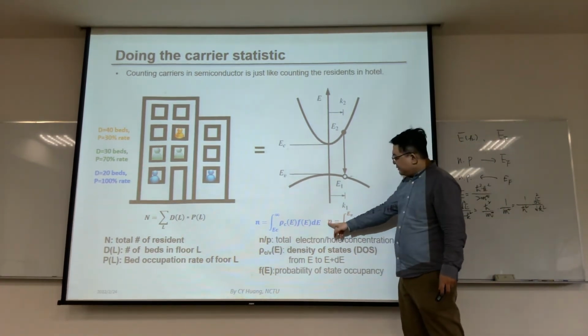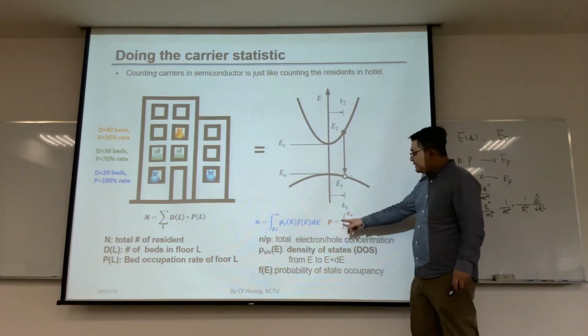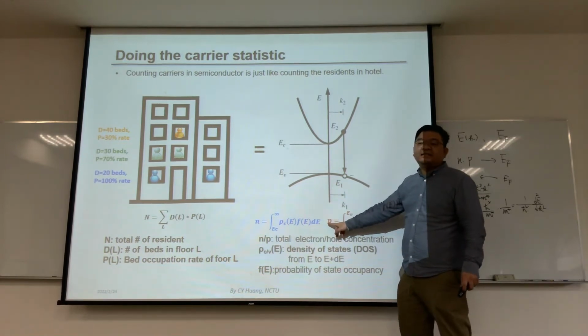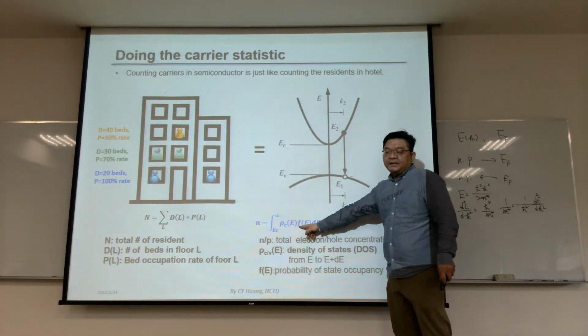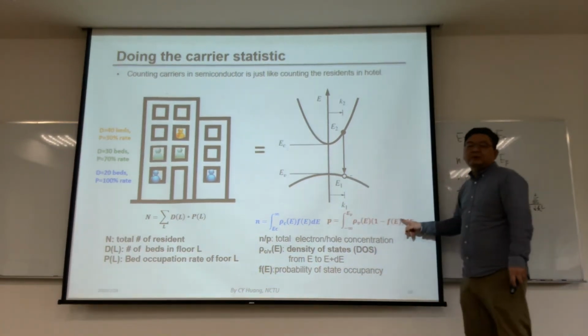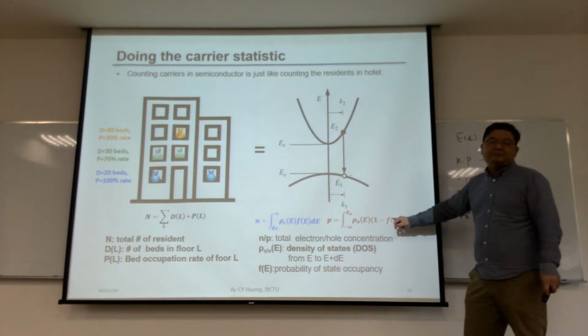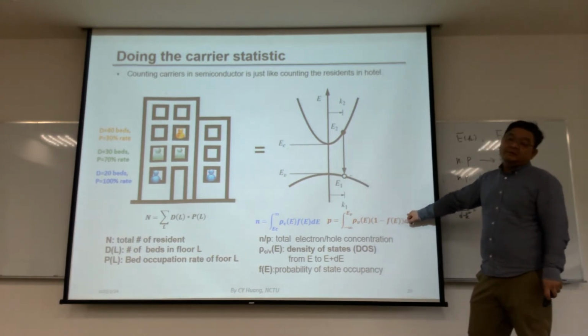Similarly for the hole, because the hole is the non-existence of an electron, the probability is no longer F, it's 1 minus F, because we're assuming that F is the probability of an electron.